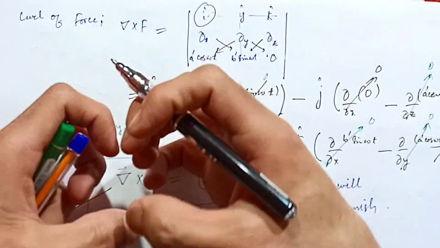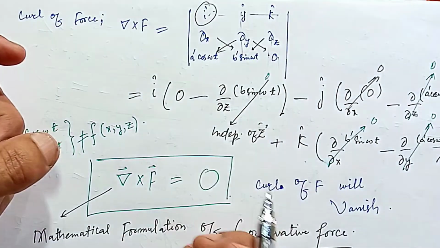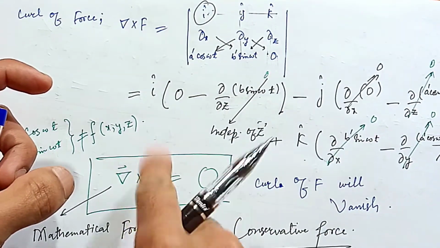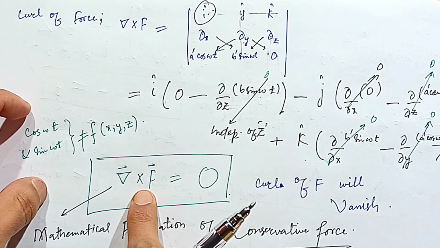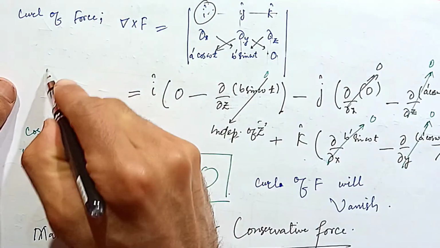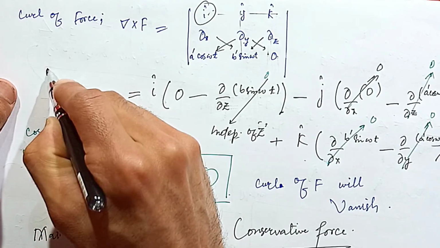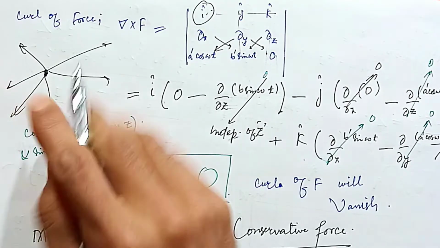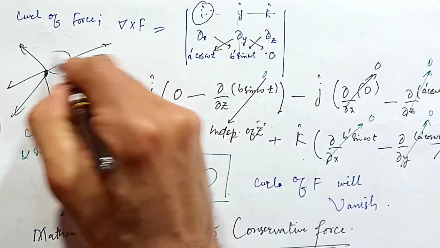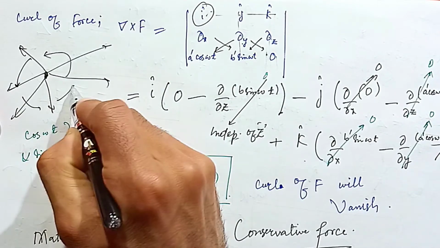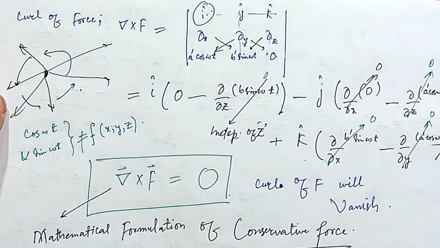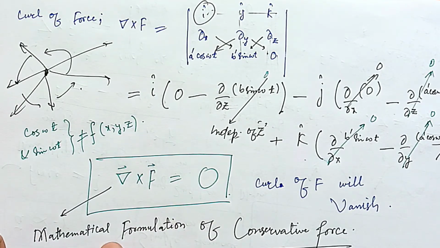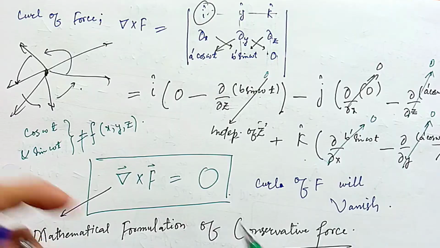It is not curling, it is not rotating around the point particle. That means it gets diverged. It is like this is the point particle here, and the force comes out like this. This means the force is diverging. If it would have been like this, then there might be some curl present. So the curl of the force has vanished. That is the mathematical formulation of the conservative force.